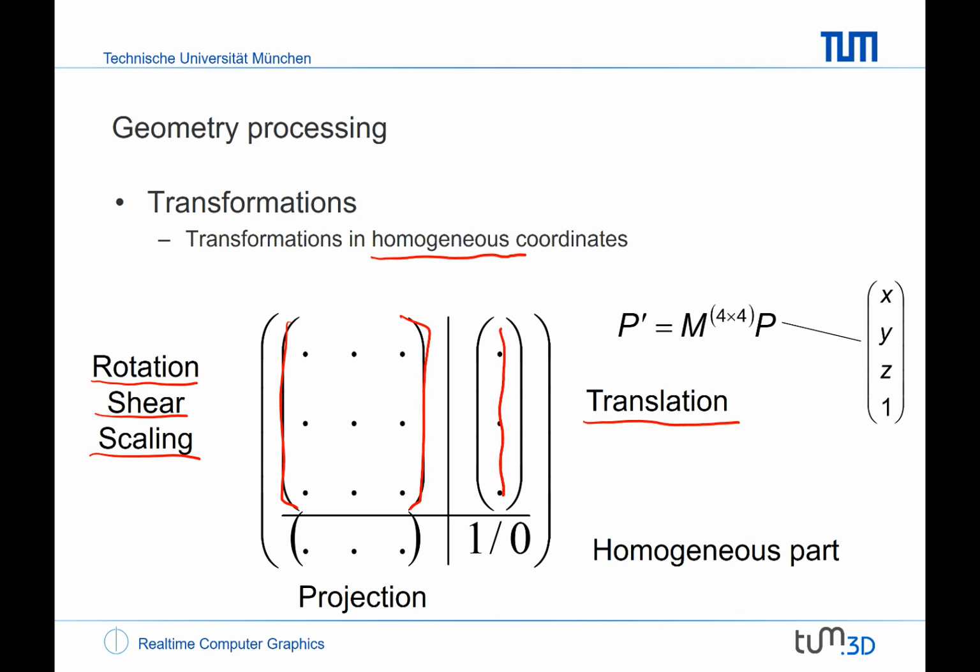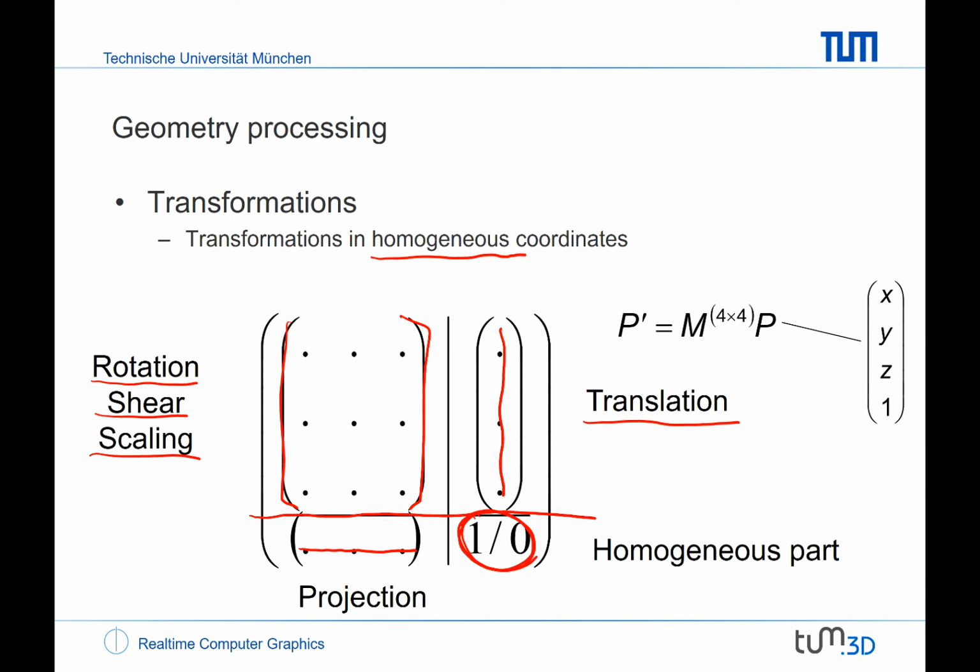And in addition, we also use that homogeneous part here. As we will see, these entries, the first 3 entries in the last row of the 4x4 transformation matrix, will be used in order to realize a projection. And in this component, we essentially encode at the beginning, when the elements are going to be transformed by a transformation matrix, whether we have a vertex, so a location in 3D space, or a direction that is going to be transformed.